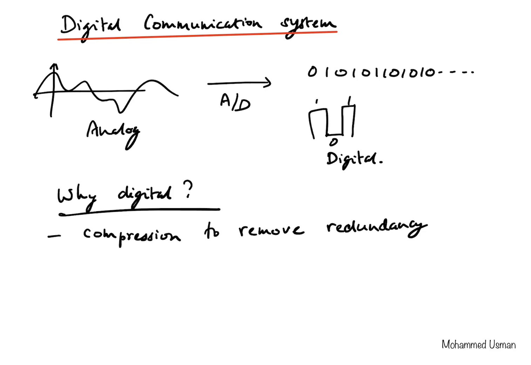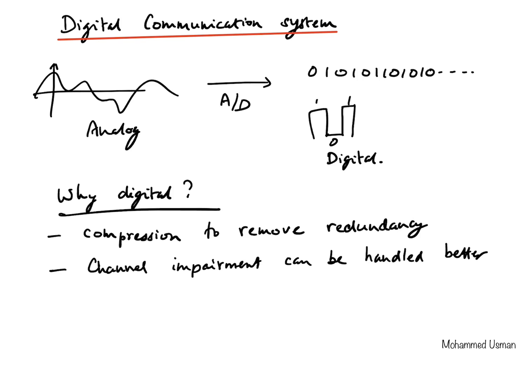The other aspect of digital communication, what makes digital communication attractive, is that the effects of the communication channel can be dealt with in a better way in a digital communication system. So channel impairments can be handled better. We have good techniques which will combat the effects of the channel, like noise, interference, and multipath propagation.